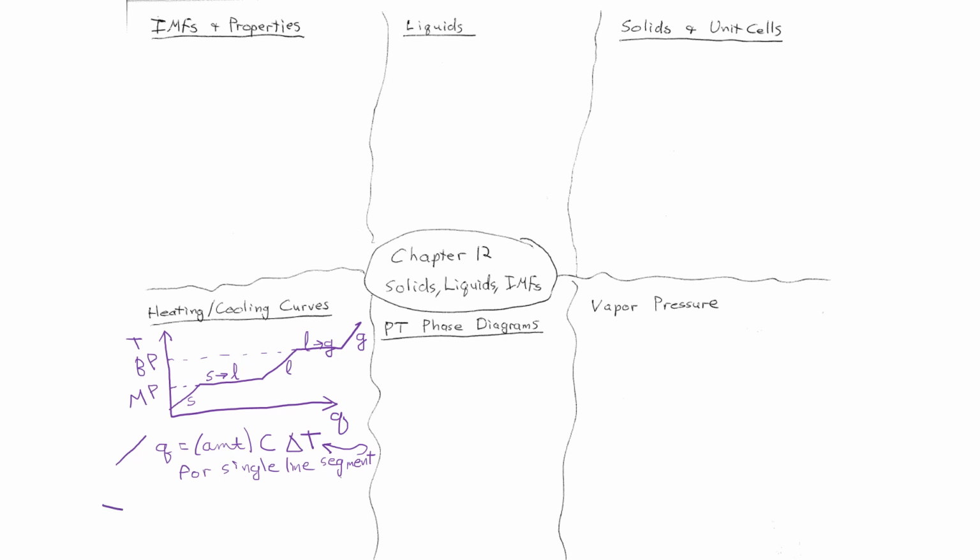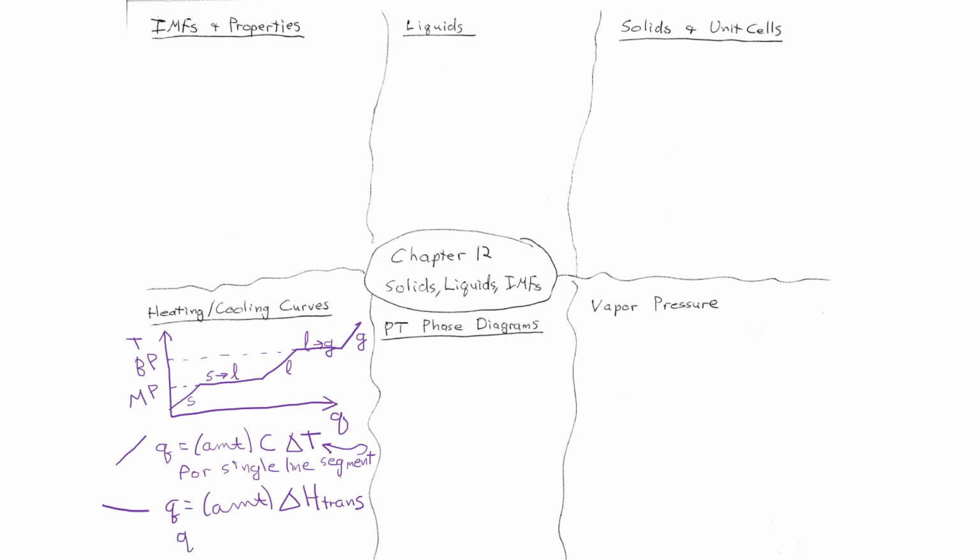For the horizontal line segments, Q is going to be equal to the amount of stuff you have times the delta H of that phase transition. So it's delta H of fusion for the lower temperature, delta H of vaporization for the higher temperature. And if you've got more than one line segment involved in your particular problem, you're going to have to add up the different line segments.